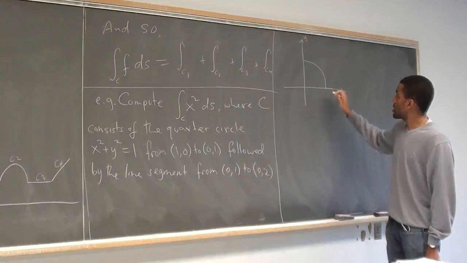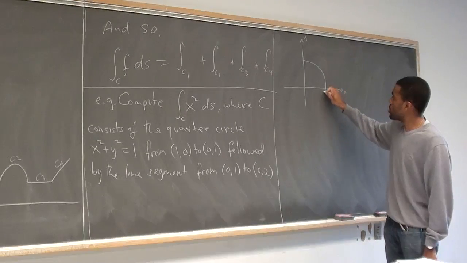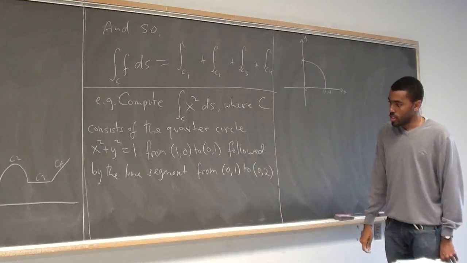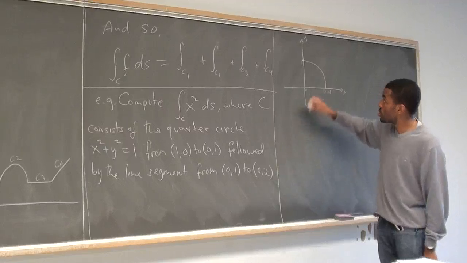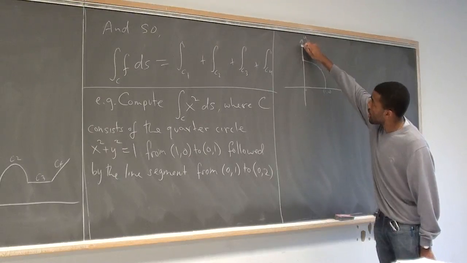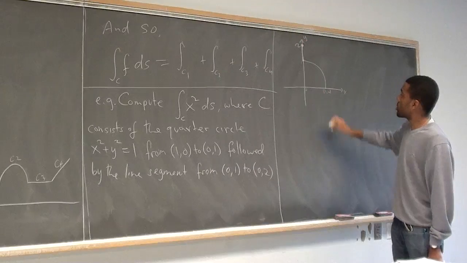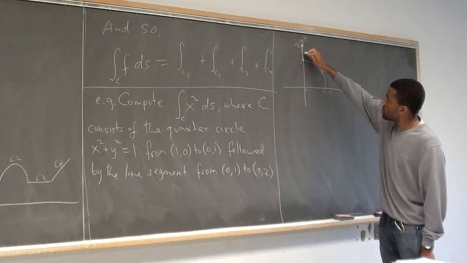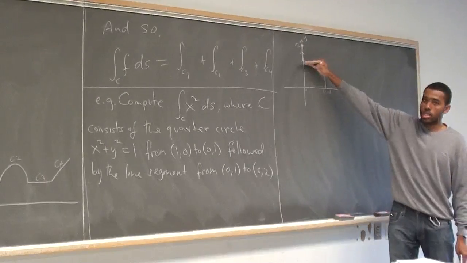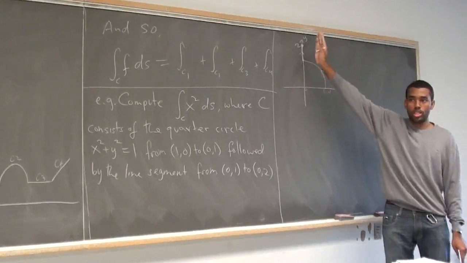This is from 1, 0 to 0, 1. And then you have a straight line going from 0, 1 to 0, 2. So it runs along the y-axis and ends up at the point 0, 2. So this is my curve C. I start here, go along a circle, and then I go along a straight line.